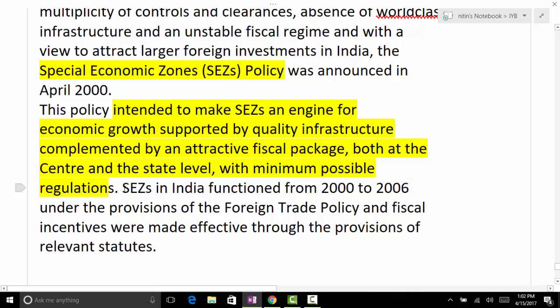Then we have NIMZ. You must have heard of NMIZ, NIMZ and NMIZ. What is this? National Investment and Manufacturing Zone.